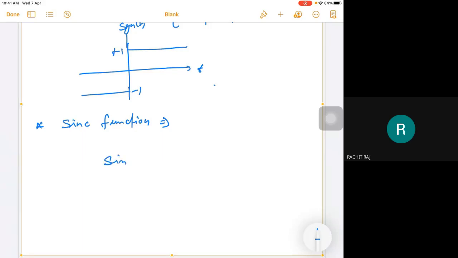The mathematical function of this sinc is sinc(t) equals sin(t) by t, where t is varying from minus infinity to plus infinity.